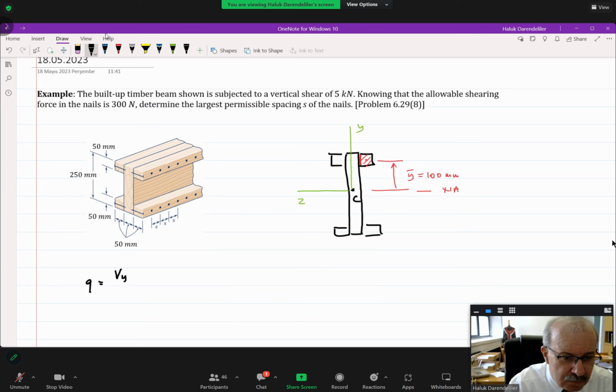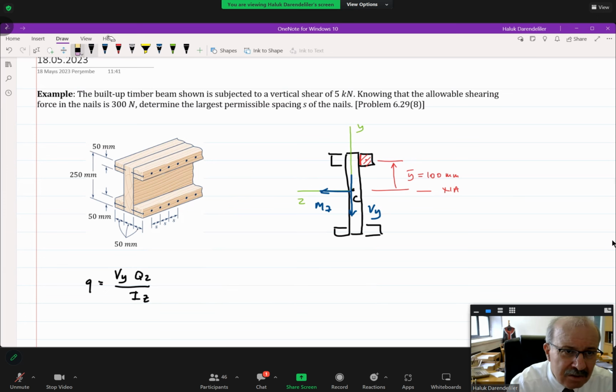Remember, the shear flow equation is this: we have a shear force Vy, then we have Qz and Iz. Remember this equation. We are assuming that there is a shear force here, Vy, and as a result of this, there must be a moment attached with that, Mz. Although these are not clear from the statement of the problem, we should have these.